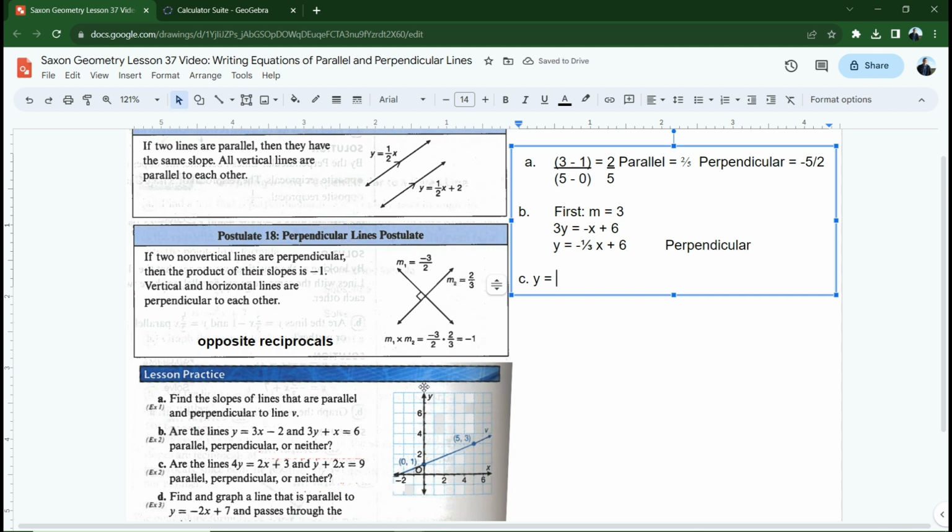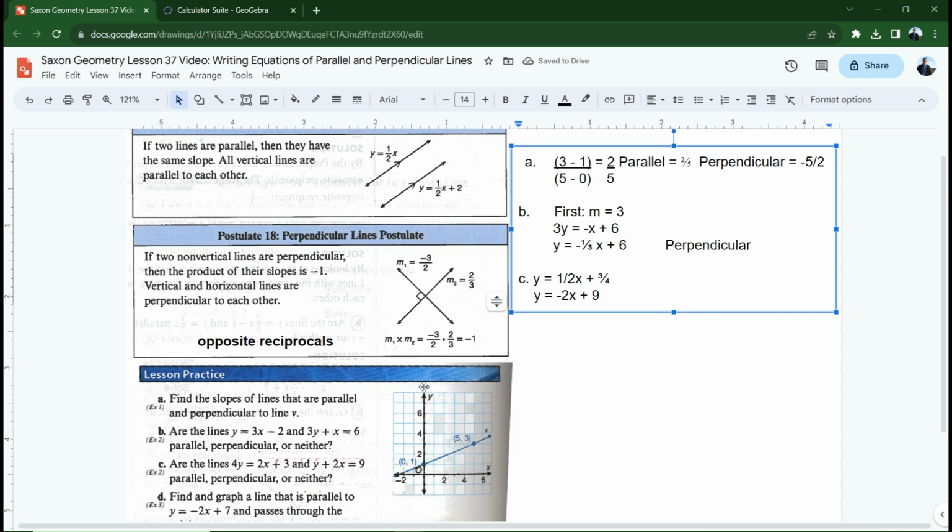So it's going to be y equals, let's see, 2x over 4 is 1/2 x plus 3 over 4. And the second equation is almost in slope-intercept form. It's going to be y equals, I'm going to subtract 2x from both sides right away, negative 2x plus 9.